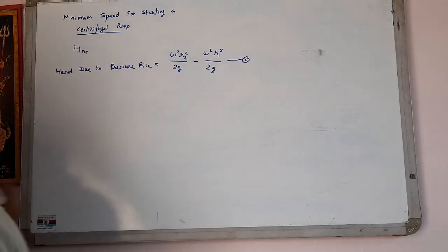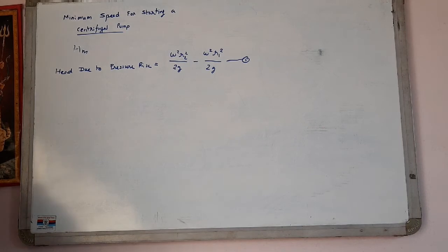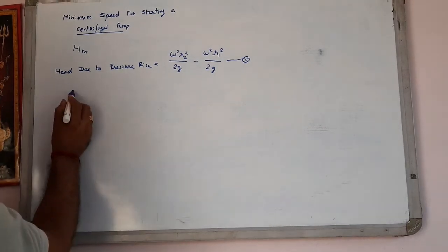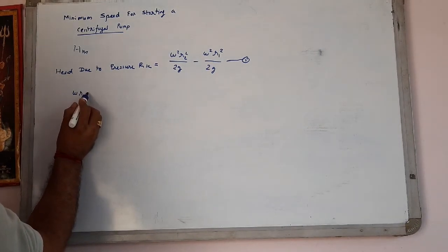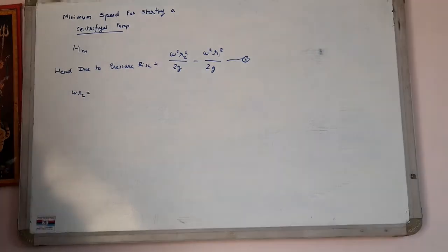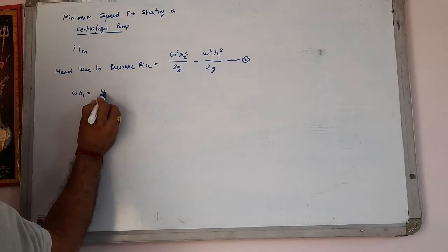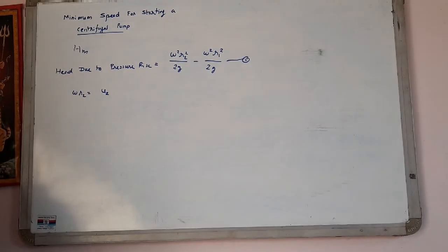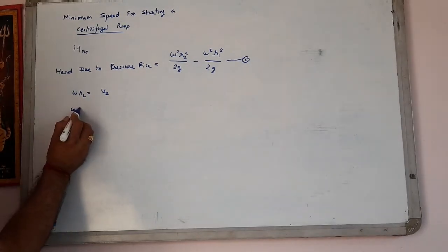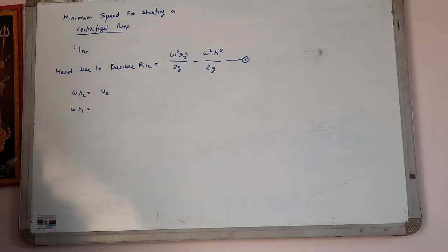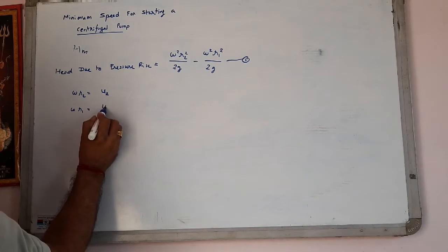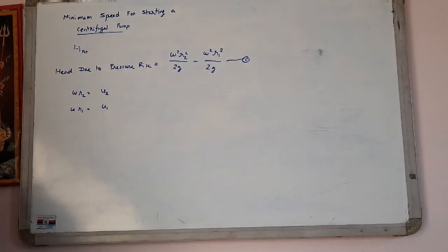This is the first equation, where omega R2 is the tangential velocity of impeller at outlet, that is U2, and omega R1 is the tangential velocity of impeller at inlet, that is U1.